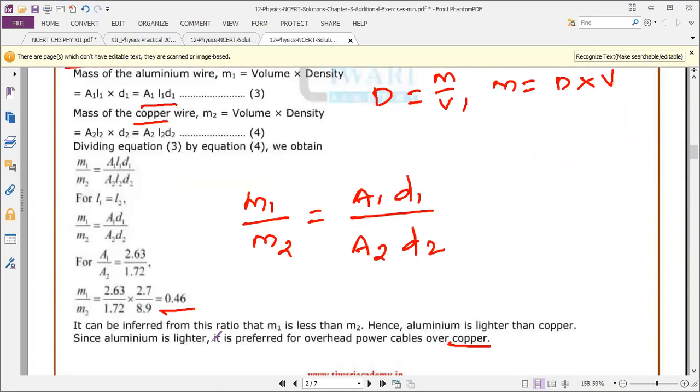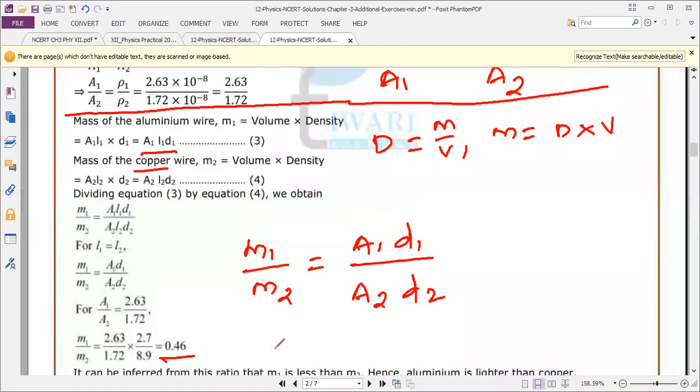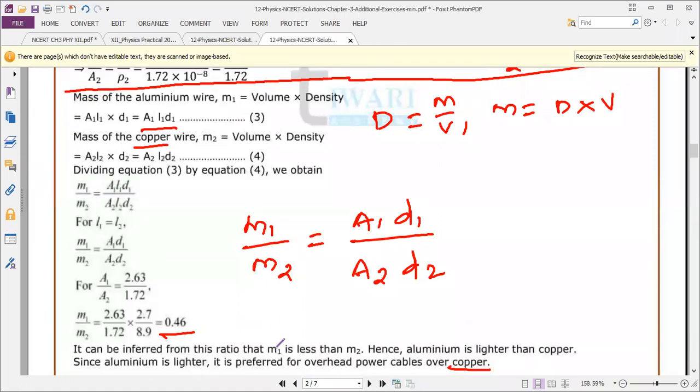D1 value 2.7, D2 value 8.9. So do the simplification, you will get 0.46. The ratio of M1 is less than M2, where M1 is the mass of the aluminium and M2 is the copper. So aluminium is lighter than copper. That's all. After that you have to mention the reason.